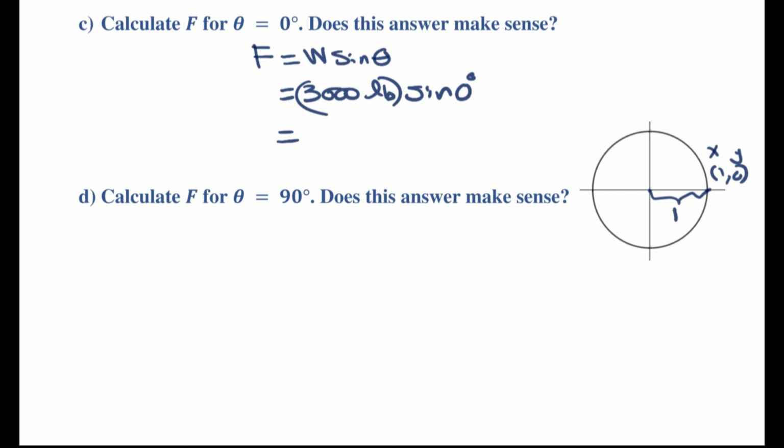So therefore the sine of 0 will be y over r, which is 0 over 1, which is 0. So because this part will be 0, the product will end up being 0, which makes sense, because if there's no angle, gravity isn't going to be putting any force on the car that would move it at all. So it's just going to sit there on flat ground.